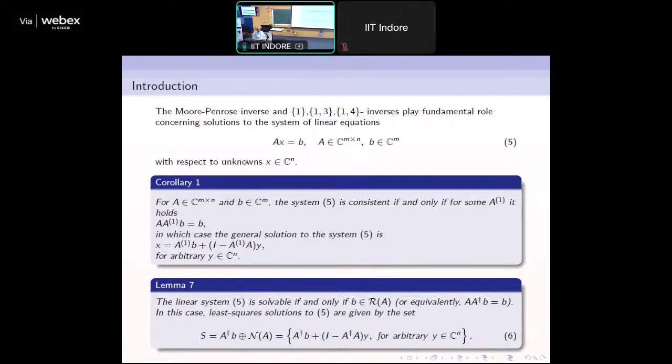The best choice is, of course, the Moore-Penrose inverse. And then here is the general representation of the solution to system 5. Interesting to mention that an arbitrary inner inverse will give the same solution.